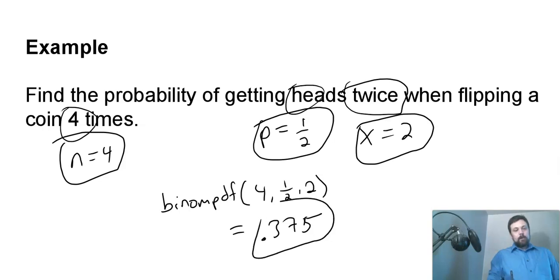Okay. So about a 38% chance that when you flip a coin 4 times, you will get heads twice out of the 4. Again, that's exactly 2 heads out of 4. So if you flip it and you got 3 heads and 1 tail, that doesn't count in this probability. We're not including that outcome in this probability calculation. We're talking about exactly 2, not 2 or more.